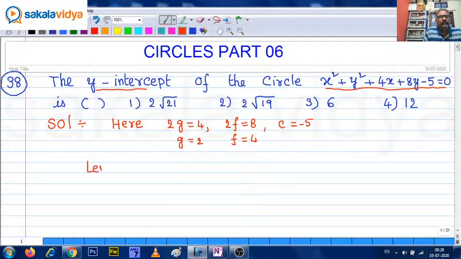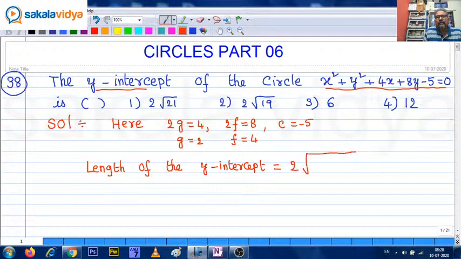Length of the y-intercept equals 2 root of f square minus c. This is the formula. So this equals 2 root of 4 square minus of minus 5.